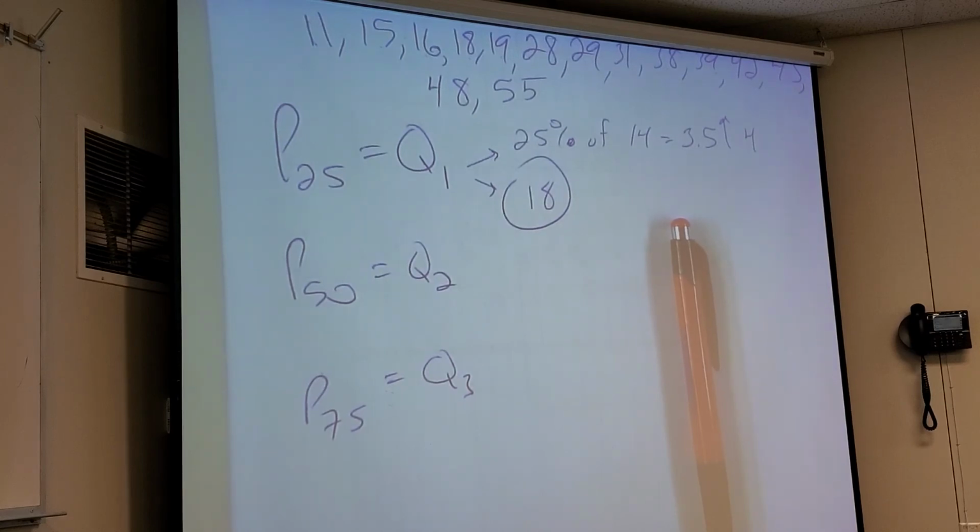We're still talking about the same set of data. Where are we at? Percent is 0.5, and of means times.